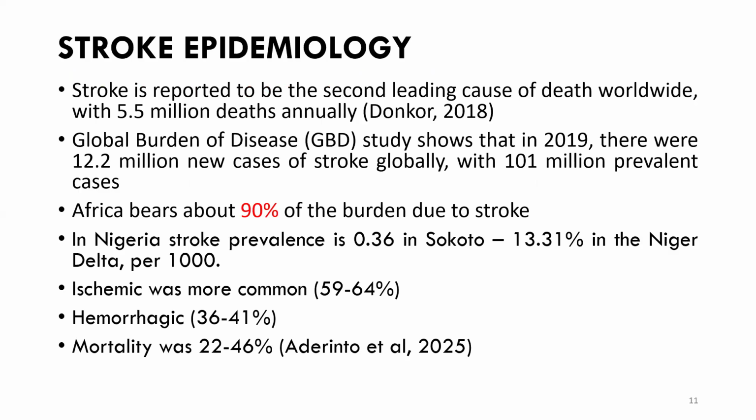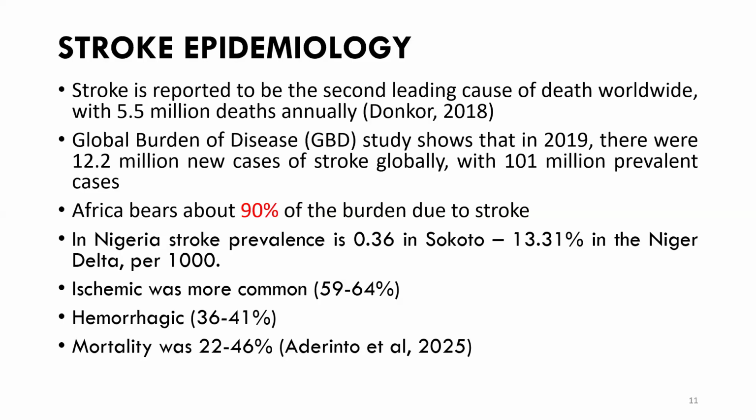So this is alarming: every year you have new cases, that is the incidence, of 12.2 million new cases of stroke worldwide. This study was conducted in 2019, so nobody knows what happened after this study.